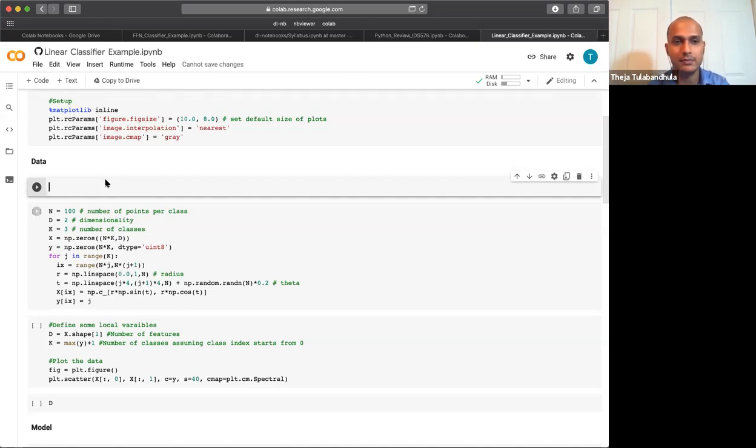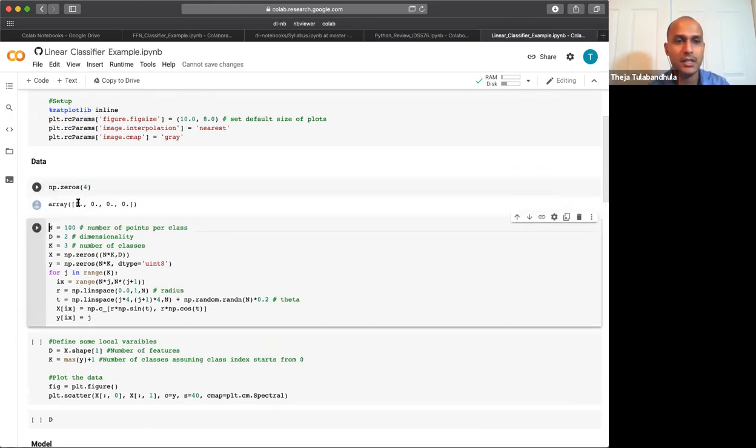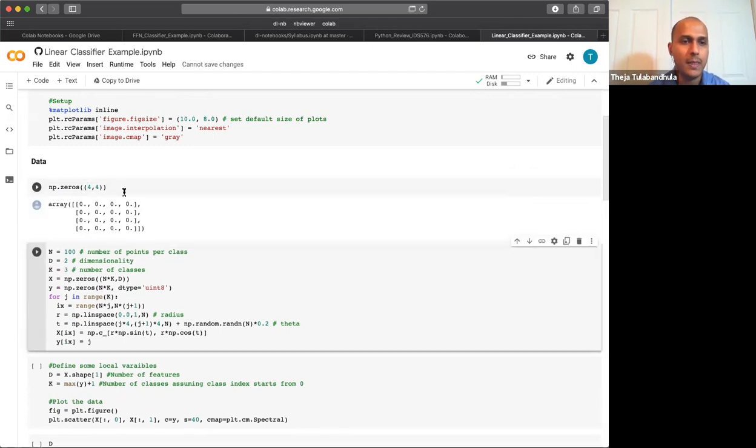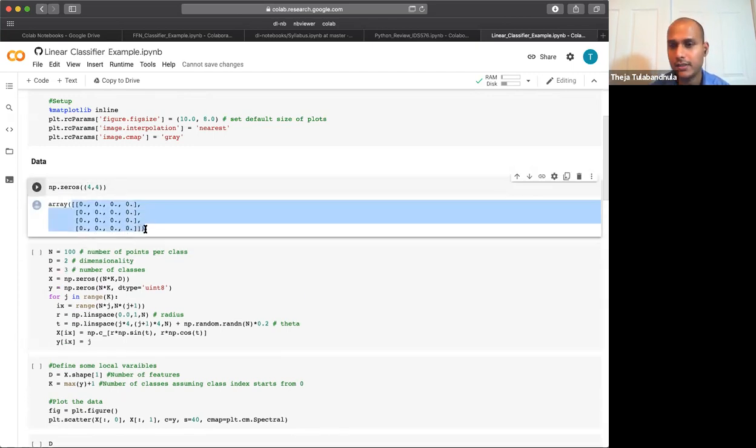You can open another cell and see what will happen if I do np.zeros of, let's say, 4. If I give 4 as an argument, I get a NumPy array with 4 zeros. What will happen if I give 4 comma 4? You can see I get a matrix with that size.